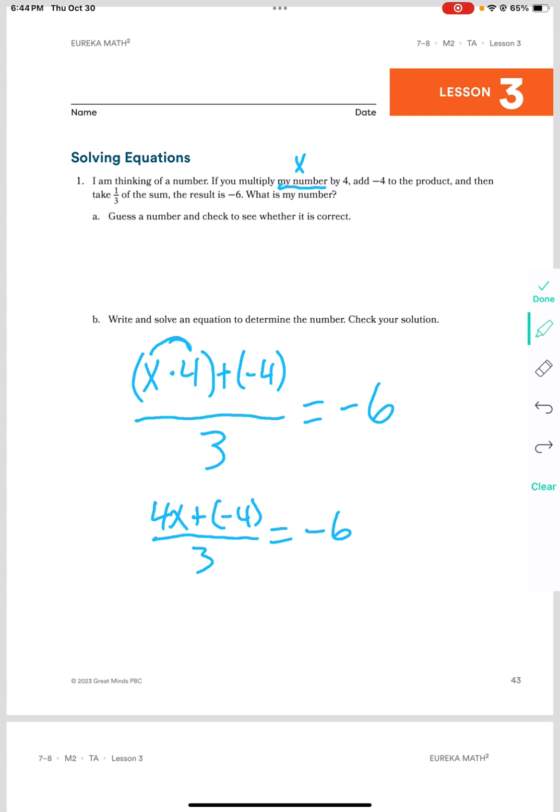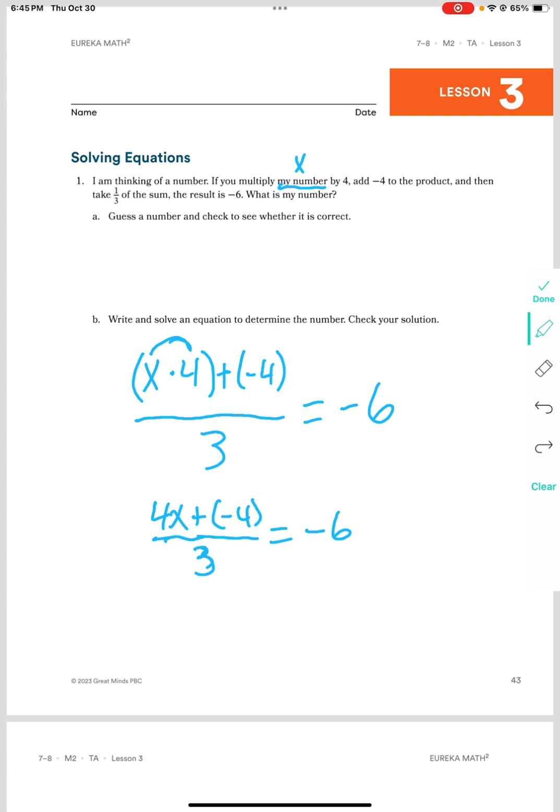Okay? So I should be able to recognize that I am dividing this 4x by 3 and this -4 by 3.